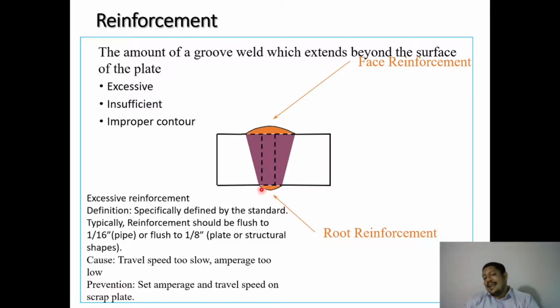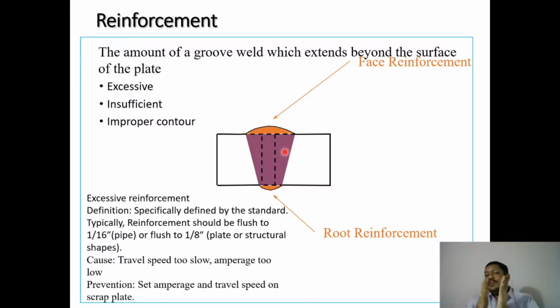Excess reinforcement normally creates an excess heat affected zone, and wherever you observe a failure in a welded joint, 80 percent of the time the weld defect happens in the heat affected zone, not in the welded zone. So if you minimize the area of the heat affected zone as much as possible, the chance of failure is also minimal.